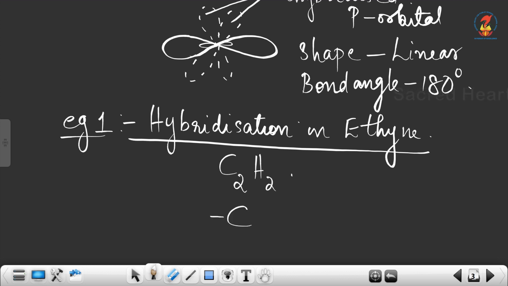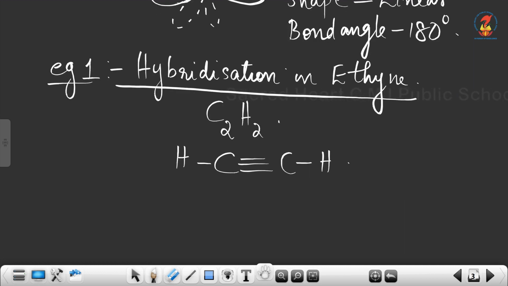Now when we write the structure, it is CH triple bond CH. We know that ethyne belongs to alkynes and alkynes contain a triple bond. So the structure is CH triple bond CH.